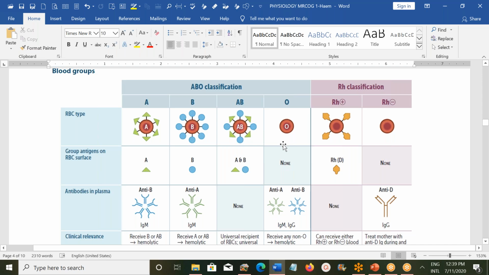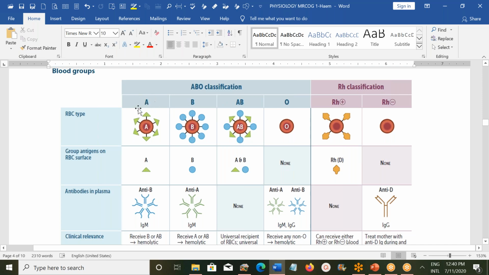The A and B genes control specific enzymes which are responsible for the addition of N-acetylgalactosamine in group A, and D-galactose in group B, to the H substance. The O gene doesn't transform the H substance, and therefore O is not antigenic, because it doesn't transform H, which is the precursor of all of these alleles.